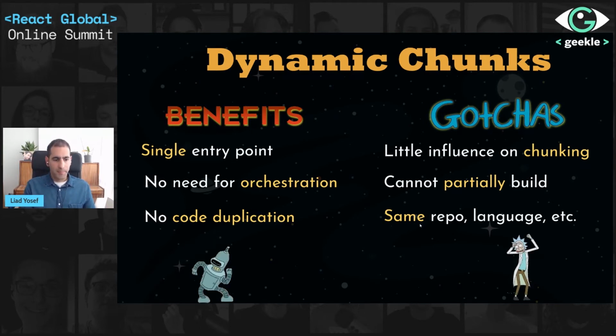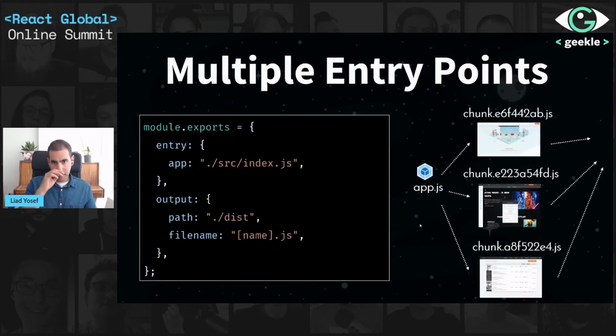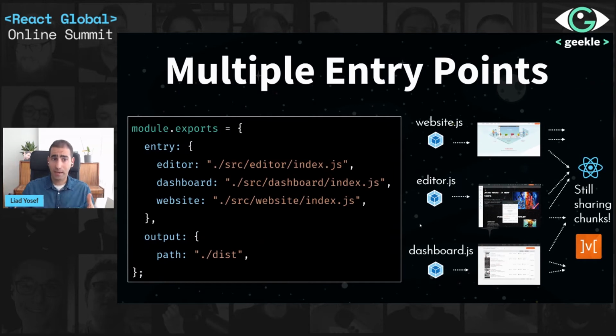Okay. The next thing that we can do is create multiple entry points. In multiple entry points, we mean that instead of having just one entry point, app.js, that generates chunks, and those chunks bring their own dependencies, we can actually tell Webpack very easily in the configuration, I have multiple entry points.